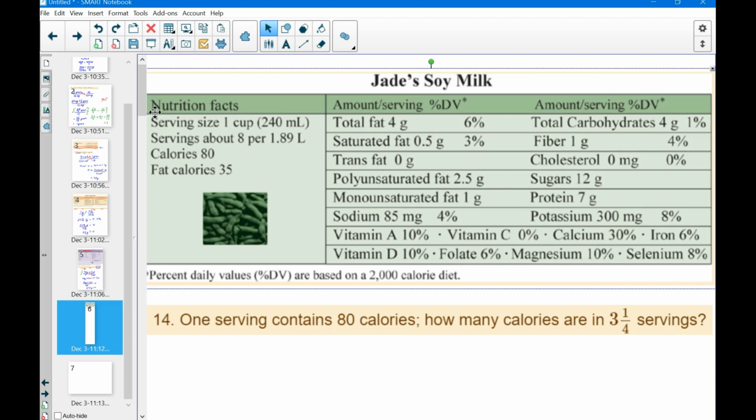And how many calories are in 3 1/4 servings? So let's set that up.